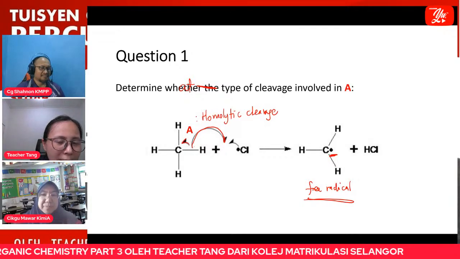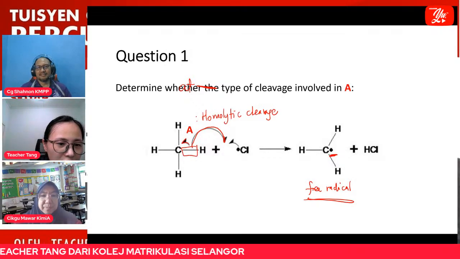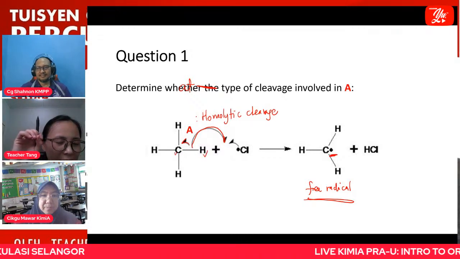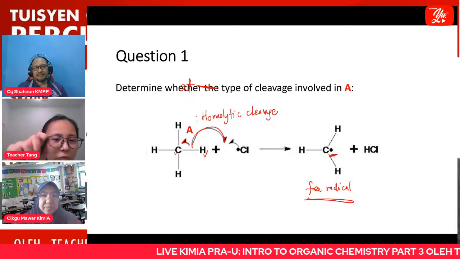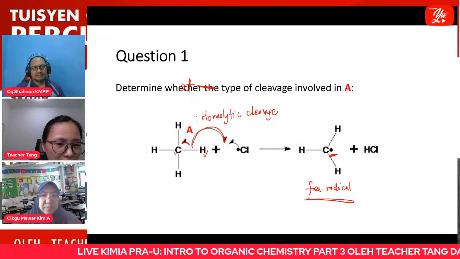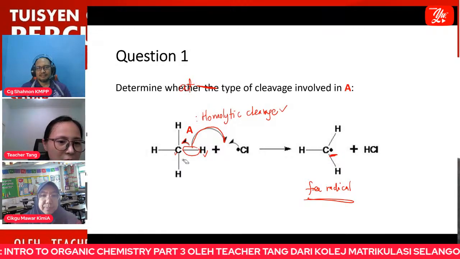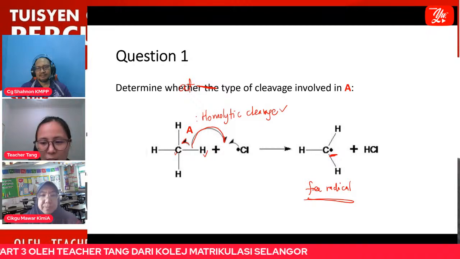Basically, carbon and hydrogen have almost similar electronegativity, therefore it is possible for the carbon-hydrogen bond to break homolytically and give us the free radical as the product.